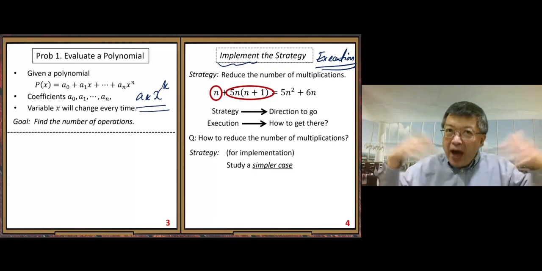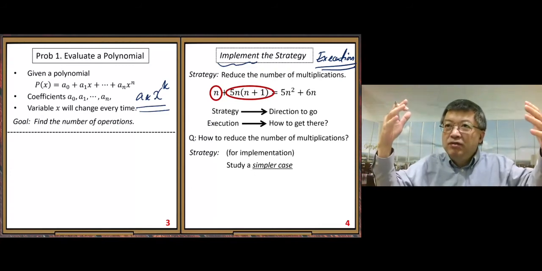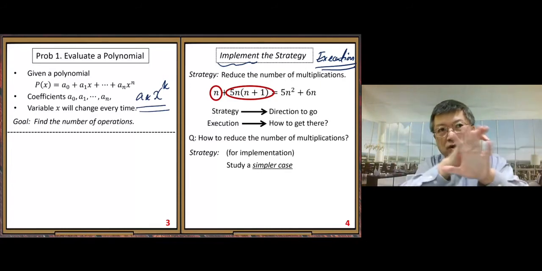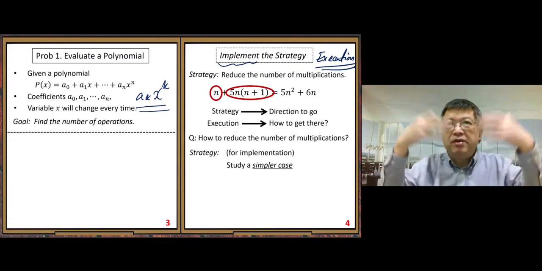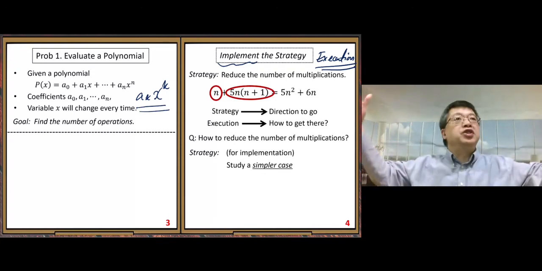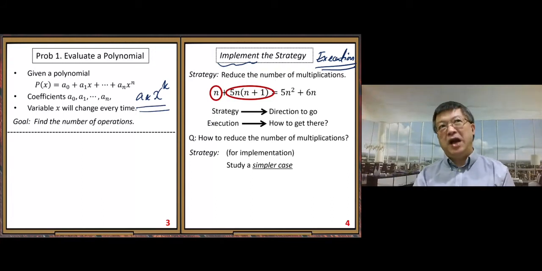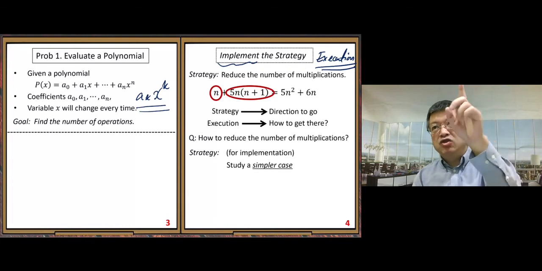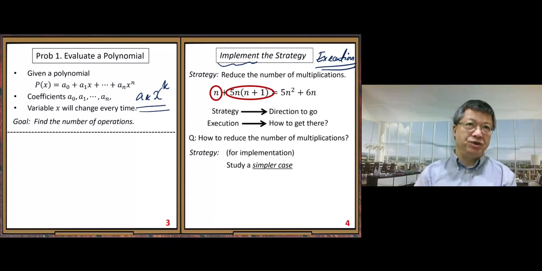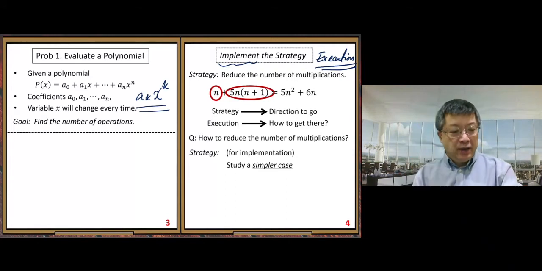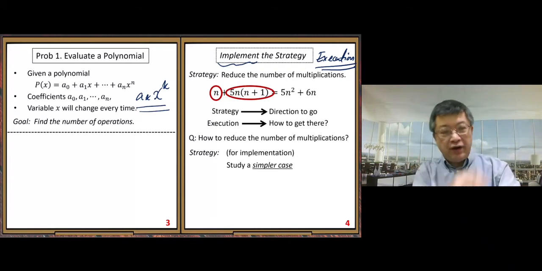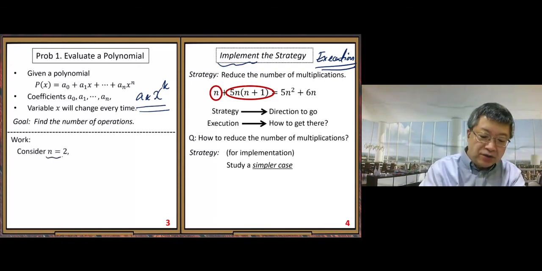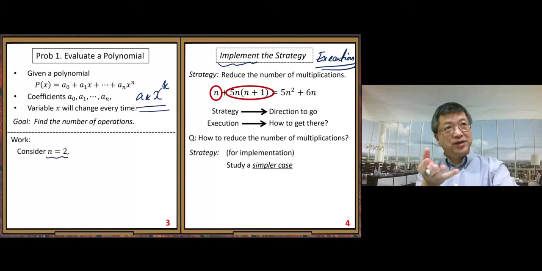Based on that observation from this simpler case, we try to get some rule, general common rule, so we can generalize to the general term. So that's another good, effective problem-solving strategy we frequently use. Okay. All right, so let's do it. Let's work on it. Do the work here. Consider n equals 2. That's a simple case, right? n equals 2. Very simple.